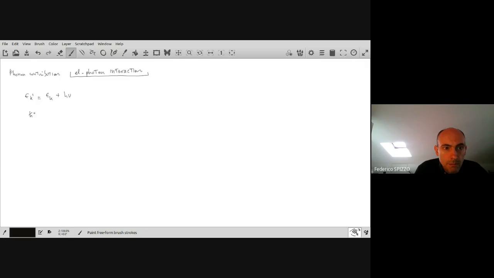Regarding the crystal momentum, here we have the contribution of the momentum of the electron. Then we have the contribution that is due to the momentum of the photon. Then we have G.